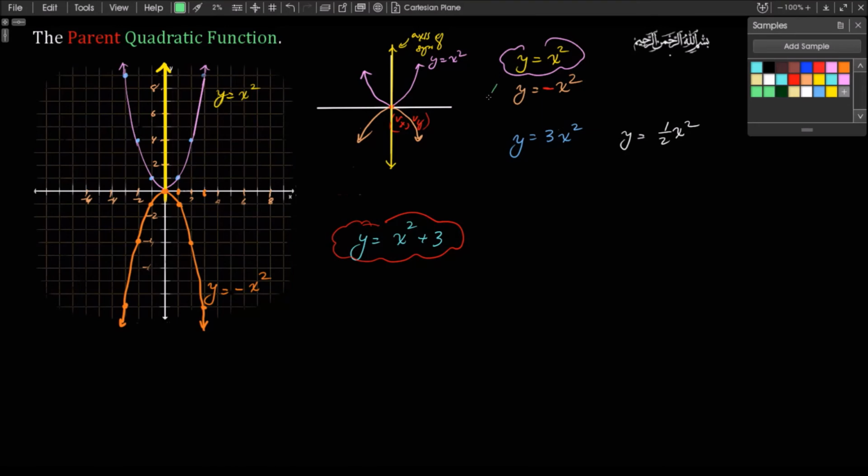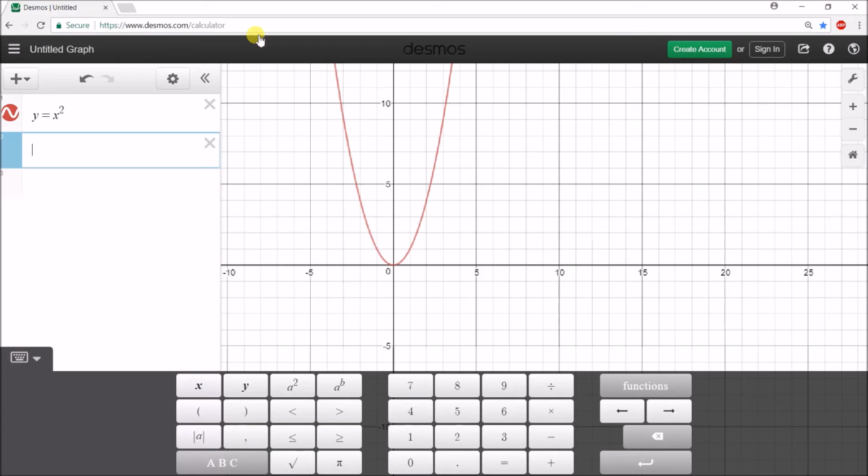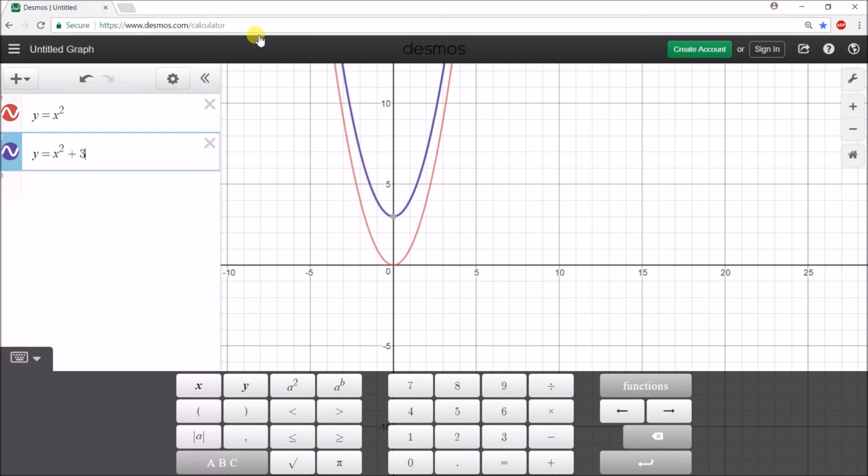So, let me tell you what's going to happen. This graph and this graph are going to be identical, except this graph is going to be moved up by 3 units. Every single point will be moved up by 3 units, like this. Well, let's graph it out. Here's y equals x squared, and let me do y equals x squared plus 3. There it is.